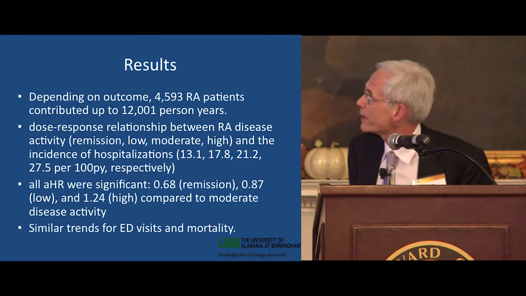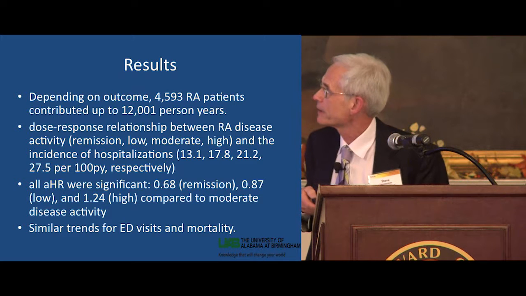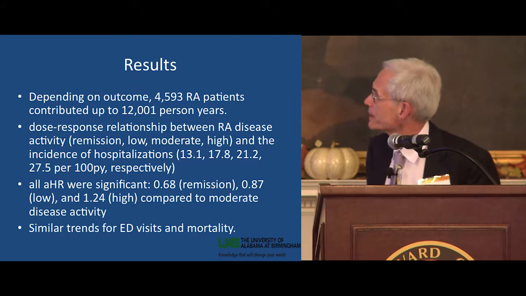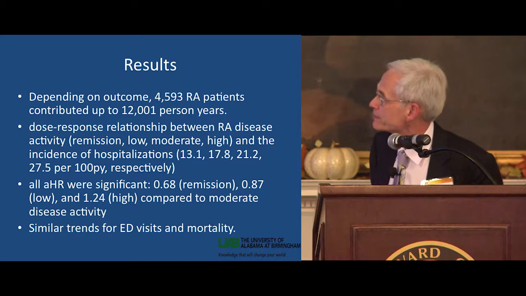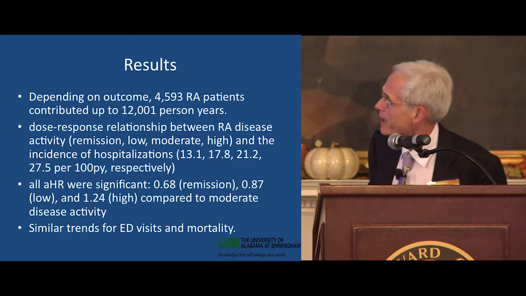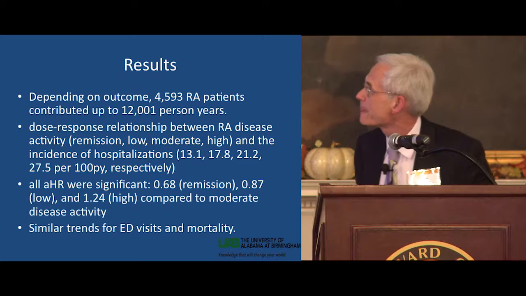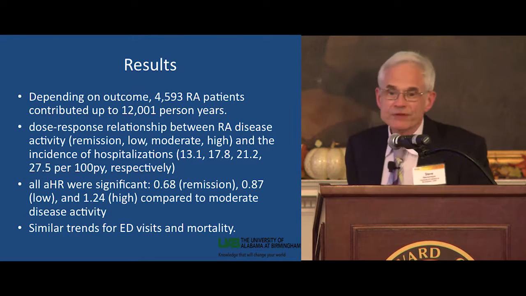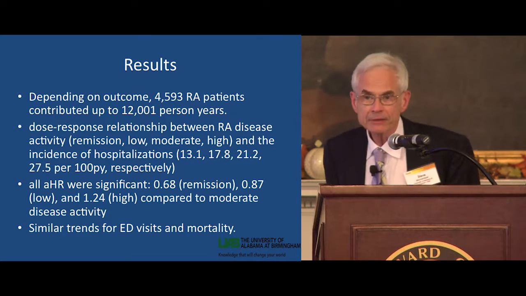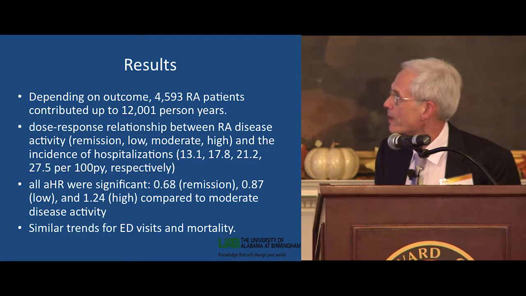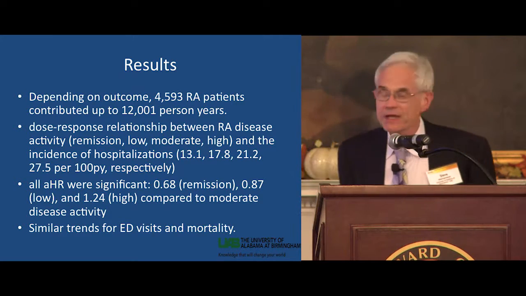What they found was that in the particular data set that they were working with, they had 4,593 unique arthritis patients, and these people were around for about 3 years on average, so they had 12,000 or so person years of information to follow. They found a dose-response relationship between arthritis activity, that is, you're in remission or you're in low, moderate, or high disease activity, and the incidence of hospitalizations.